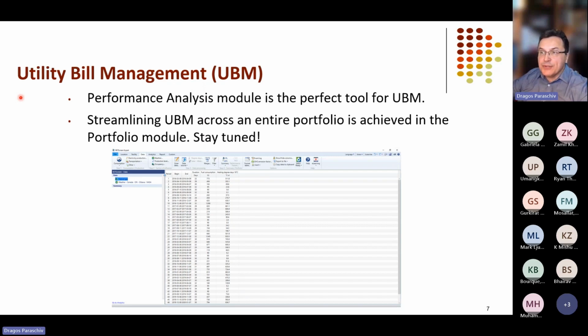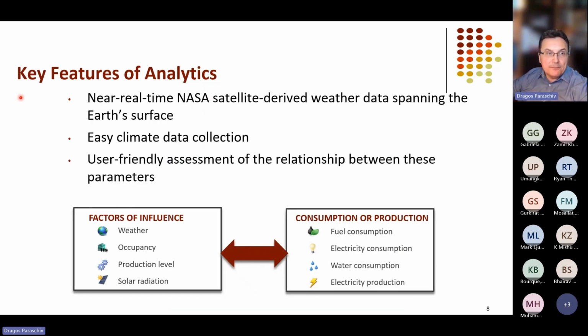And once we have that, we can look at the relationship between various parameters. So energy consumption, a function of some other parameters. And that's what we can analyze in RETScreen.